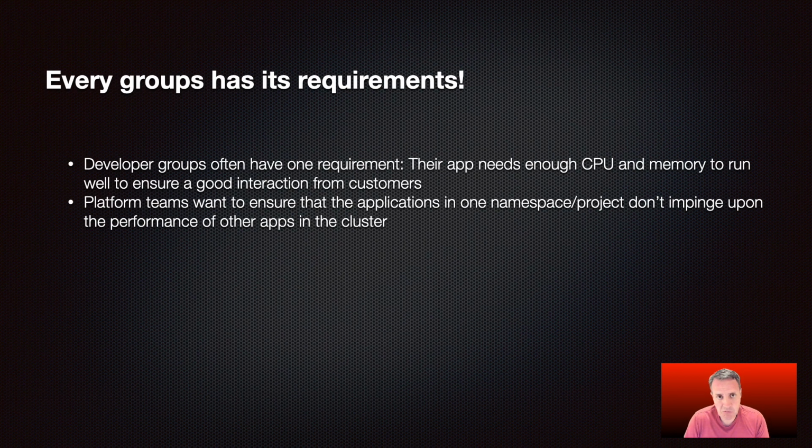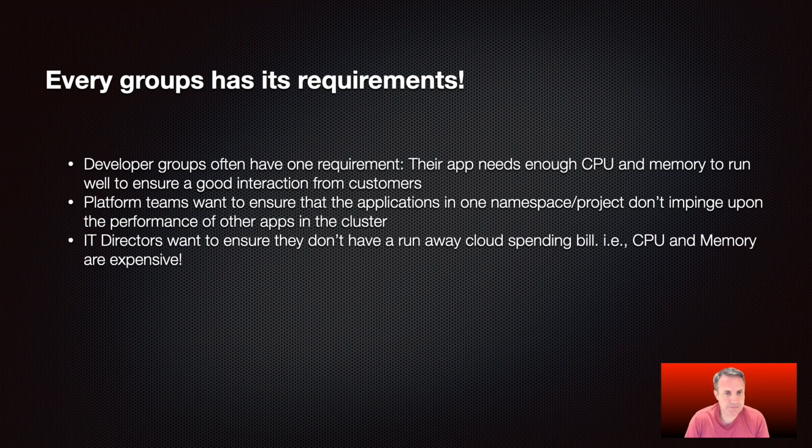They're going to have multiple stakeholders, multiple developer groups, and they need to make sure that those application deployments don't impinge upon the performance of the others running in the cluster. And then finally, we have the IT directors. They have a budget and they want to ensure that they don't have any runaway cloud spending bill, because let's face it, CPU and memory are expensive commodities in the cloud.